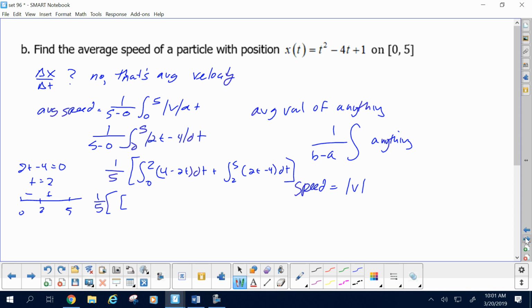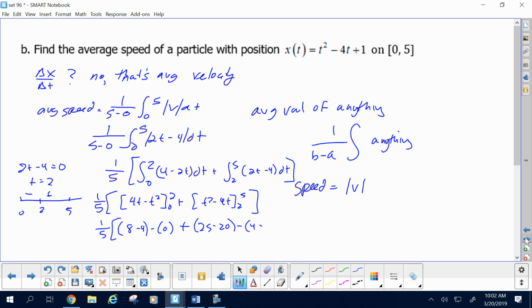So I'm talking 4t minus t squared from 0 to 2, and t squared minus 4t from 2 to 5. 1/5 of 8 minus 4 minus 0, plus 25 minus 20 minus 4 minus 8. 1/5 of 4 plus 5 plus 4.